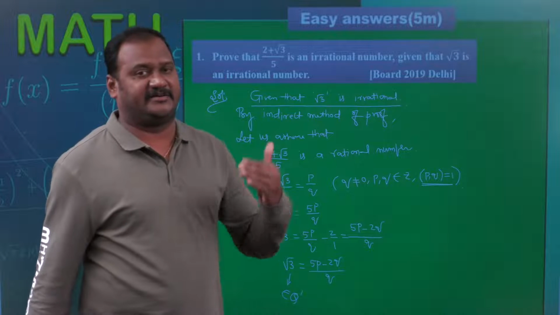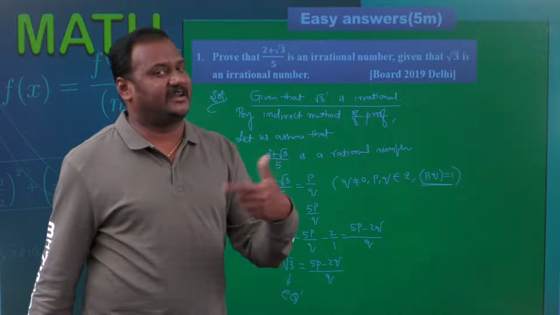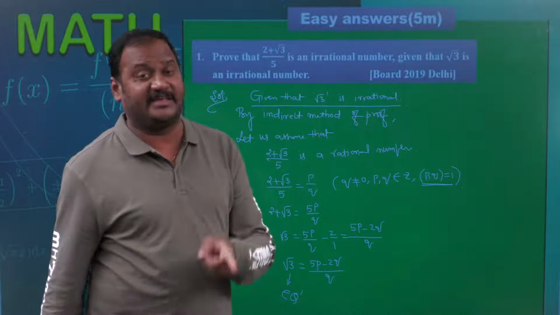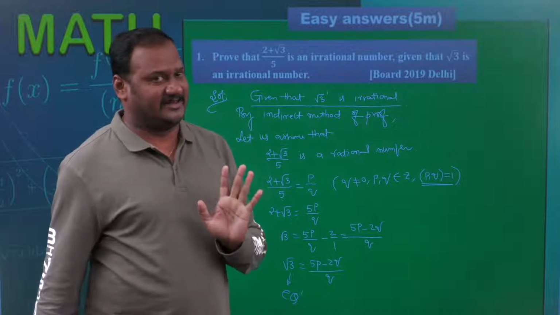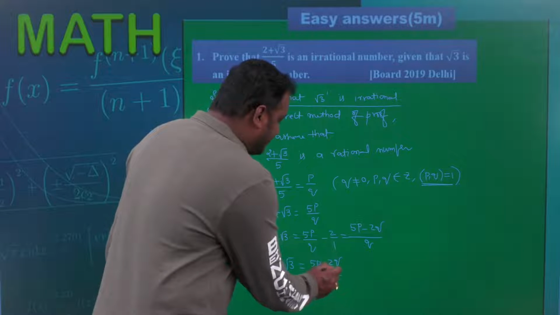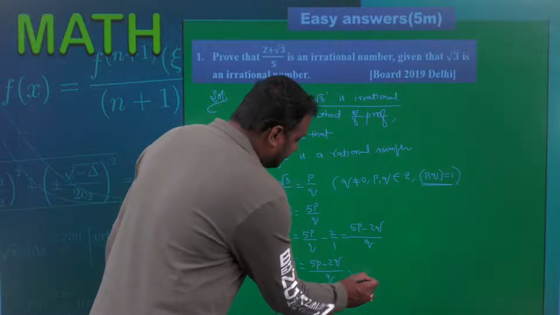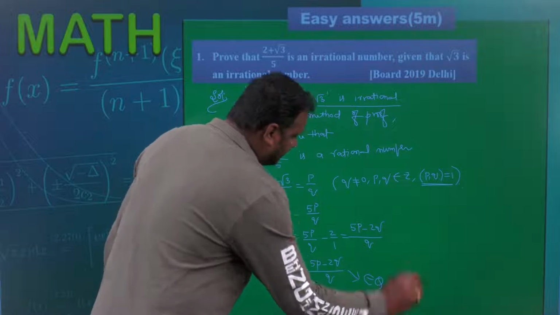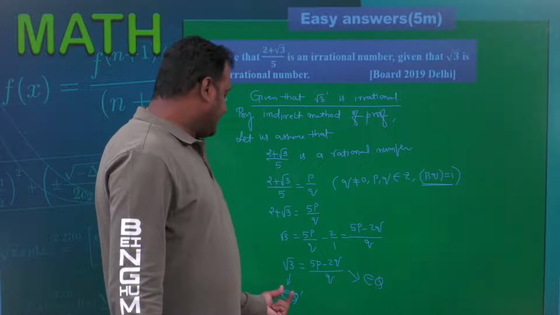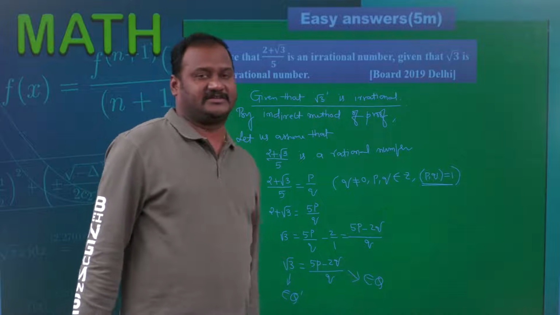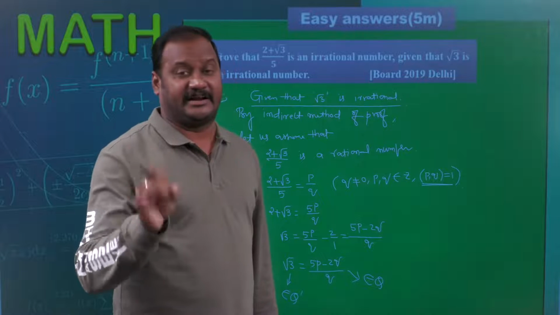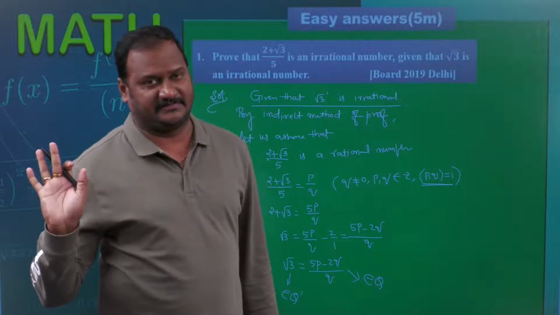So integer divided by integer can be an integer or a fraction, meaning it should be a rational number. So 5P minus 2Q by Q is purely a rational number. What did we get here? An irrational number is equal to a rational number. An irrational number can never be equal to a rational number.